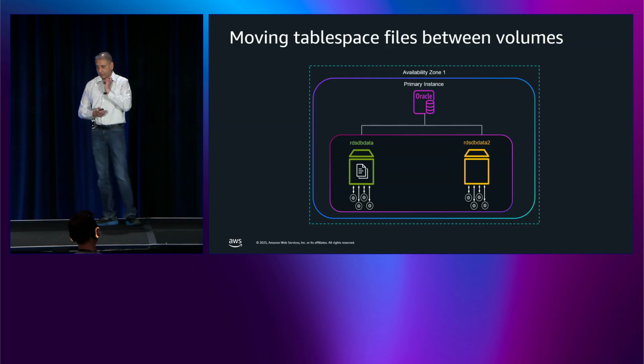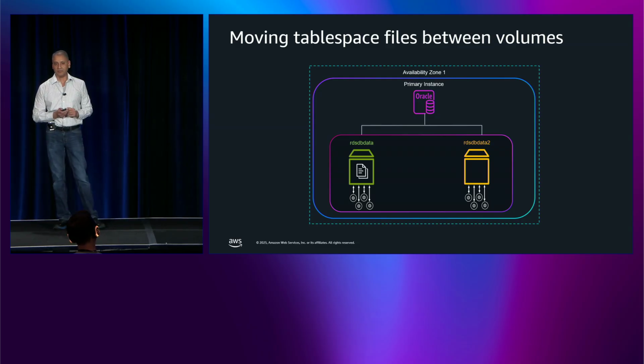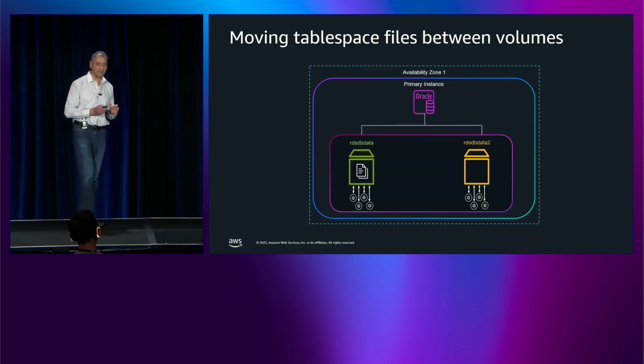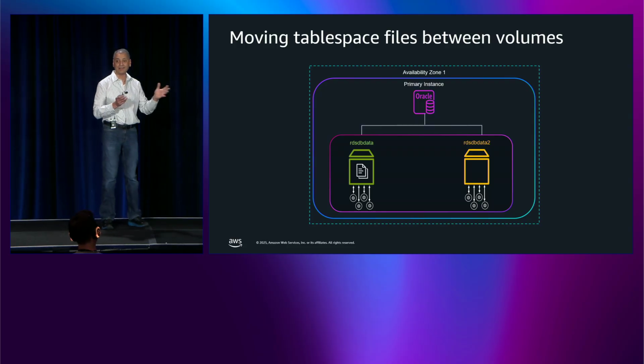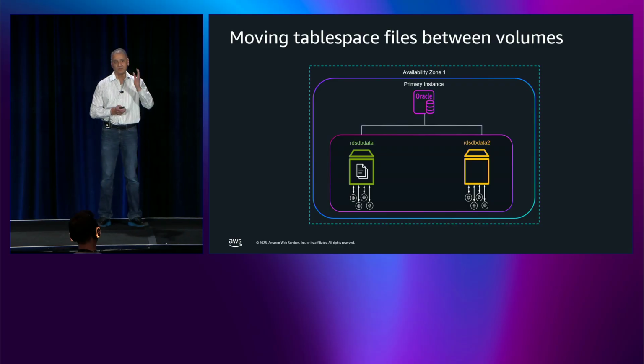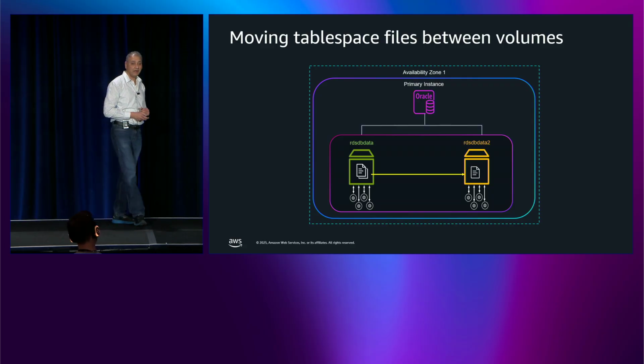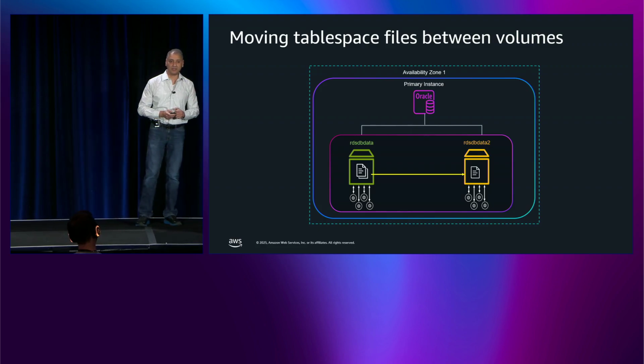Let's say that you want to move a tablespace from your primary volume to your additional volume that you just added. Maybe that tablespace has been growing, or you expect it to grow quite large for a short period of time. In that case, I just want to move the existing tablespace from my primary volume to my additional volume that I just created. And maybe I want to allow it to grow for some period of time. It grows, and maybe after a few weeks, I don't need that storage anymore.